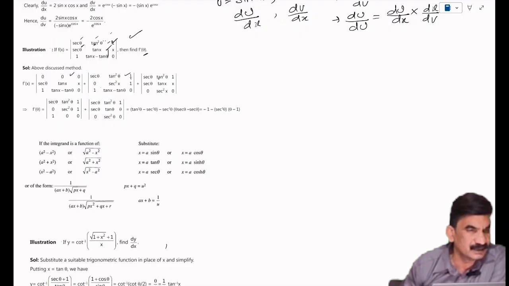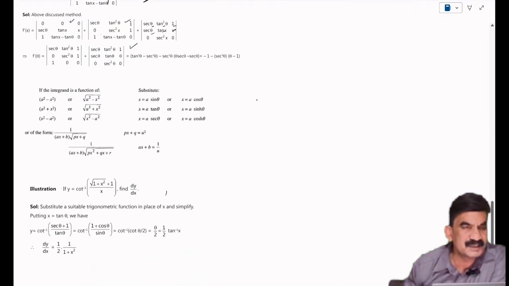Then in the third case, this as it is, this as it is, and the last thing, which is 1 minus tan x tan theta, it'll be sec square x, it'll be 0, it'll be 0. And when you add these, you get f dash theta. So that's your answer.